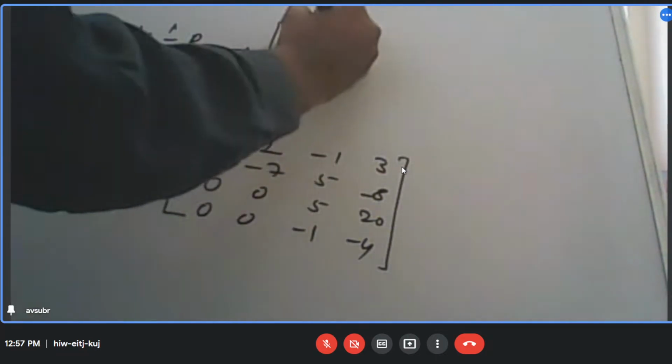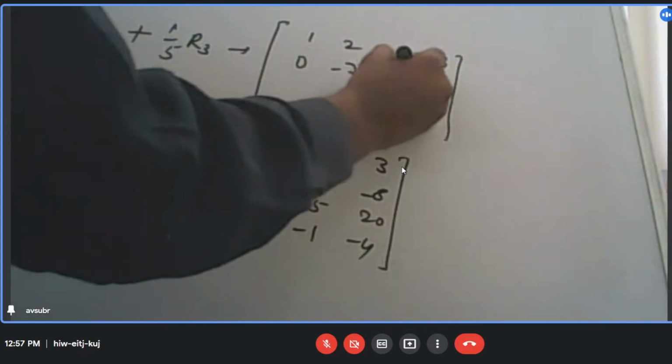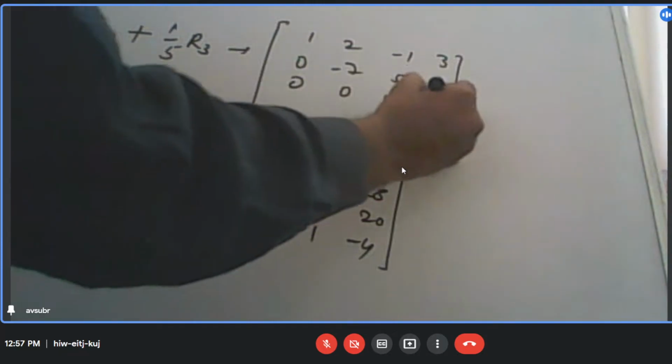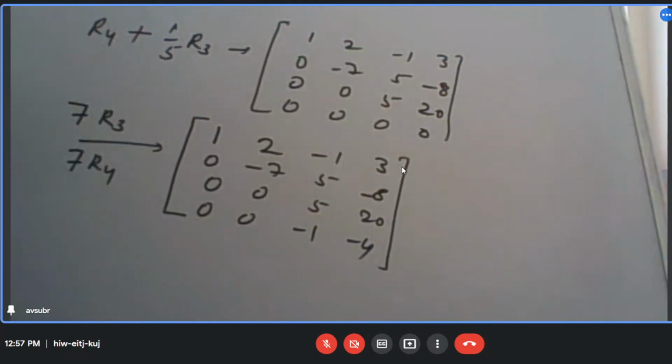So we will get 1, 2, minus 1, 3, 0, minus 7, 5, minus 8, 0, 0, 5, 20 and 0, 0, 0, 0. ठीक है ना?